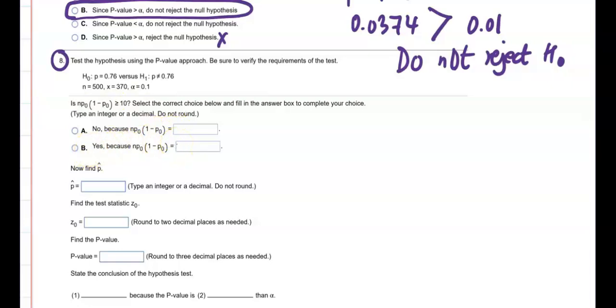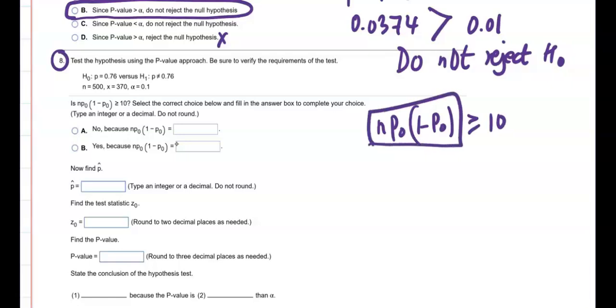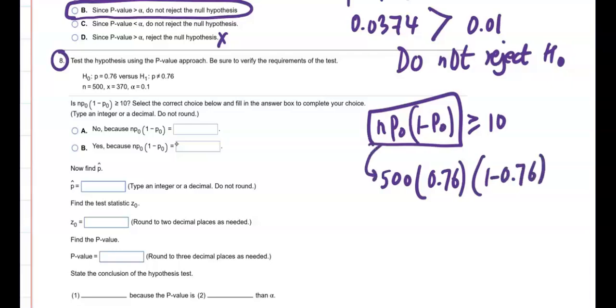So let's find np0(1 minus p0) greater than or equal to 10. How much is this value going to be? N is going to be 500 and p0 is going to be 0.76. 1 minus 0.76, this equals to, so if you simplify this, do not round.